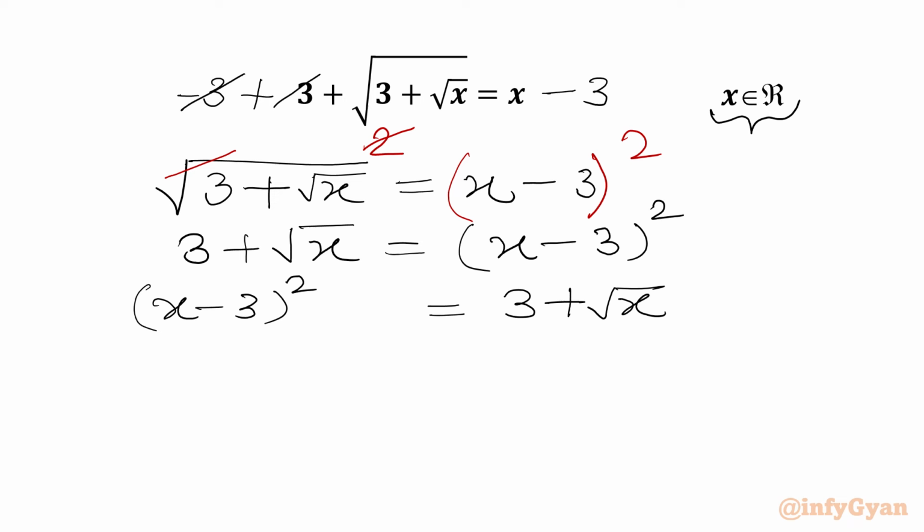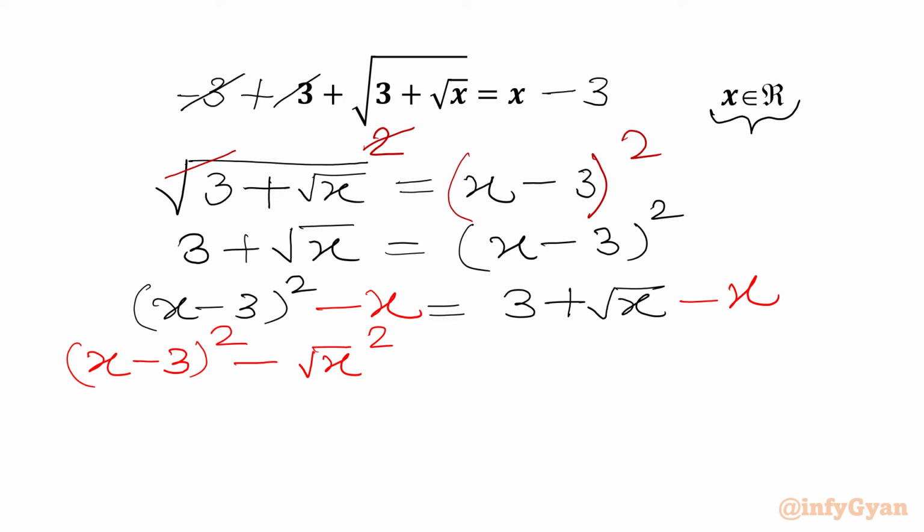Now I will subtract x from both the sides. So minus x, minus x. I will write our LHS x minus 3 whole square minus x, and x can be written as square root x whole square. Then we will take minus 1 common from RHS. So minus of, in bracket, we'll write x minus root x minus 3.